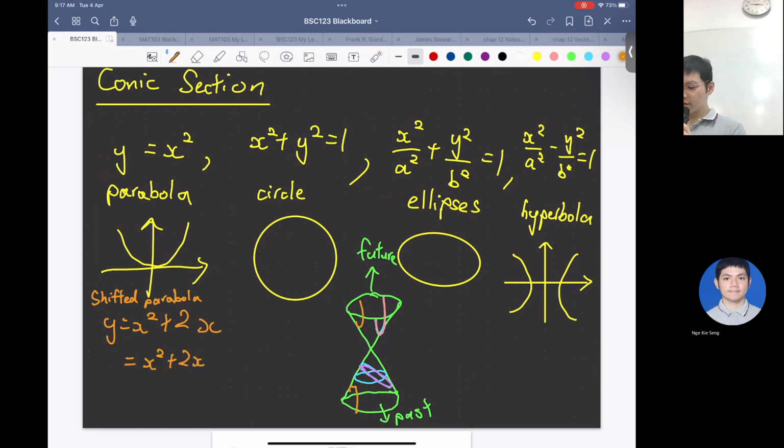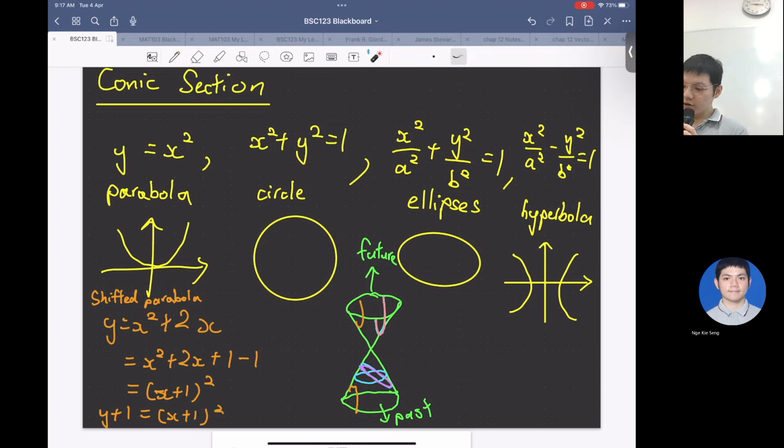I remember this is a question asked by my foundation course students. They were asked to do this assignment: shift the parabola, shift the circle, or shift the ellipse. If I do completing the square, I get x plus 1 squared, y plus 1.